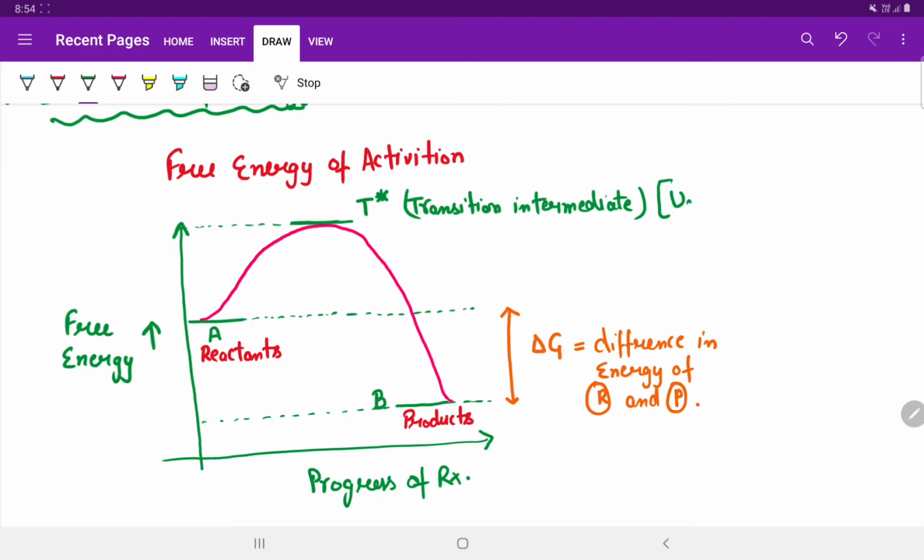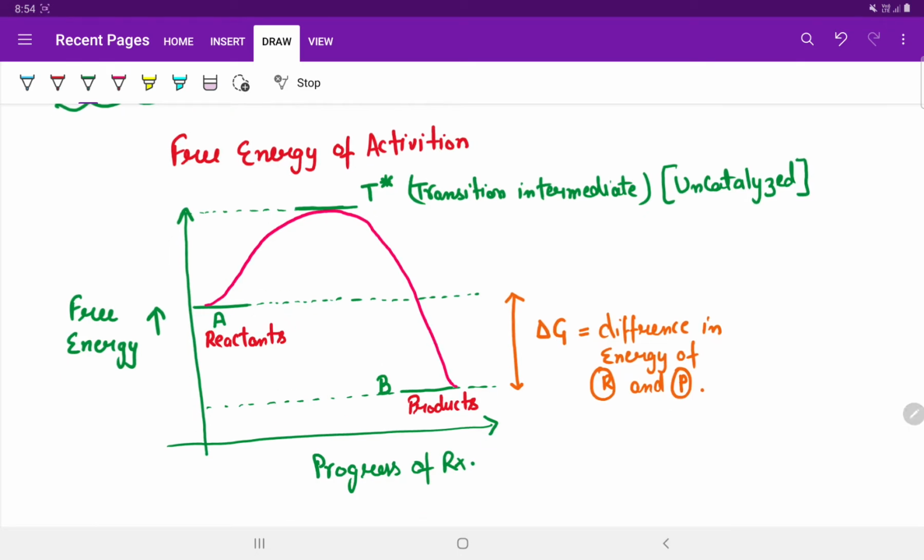This is an uncatalyzed reaction in absence of a catalyst, or usually in absence of an enzyme. But in case of enzymes presence, this energy is very less, as an alternate reaction pathway is provided.